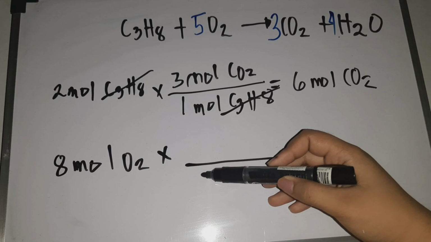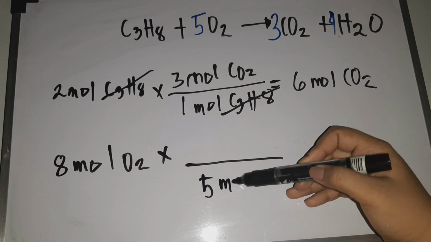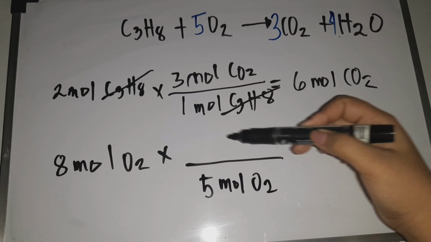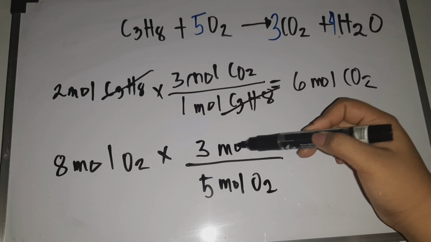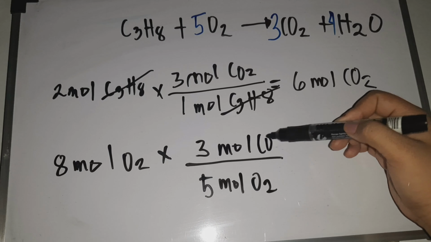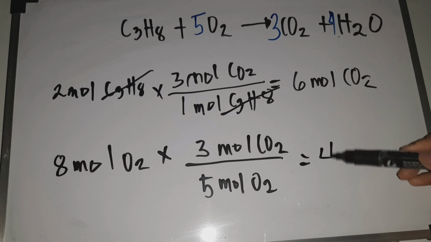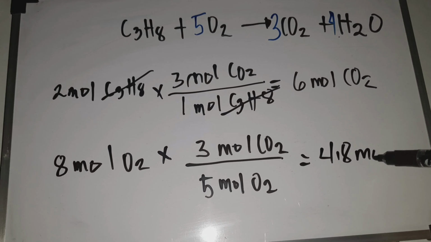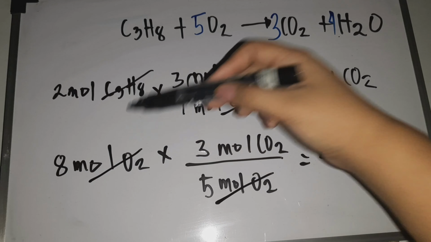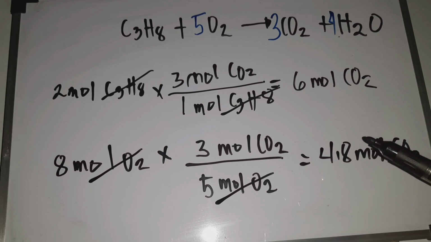So in every 5 mole of oxygen, we have 3 mole of carbon dioxide. So 8 times 3 divided by 5 is 4.8 mole of carbon dioxide. The mole of oxygen cancels.